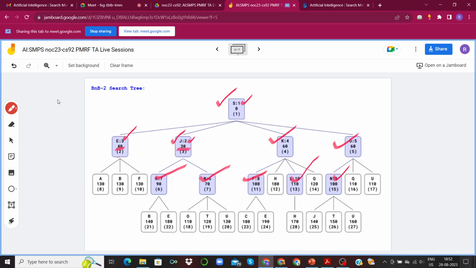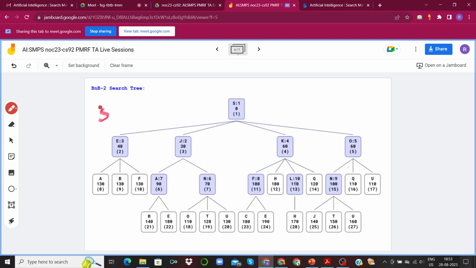So if we write down the order in which the nodes were inspected, like we did in the previous instance, it would be something like this.